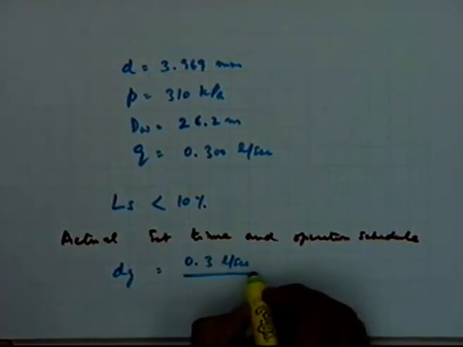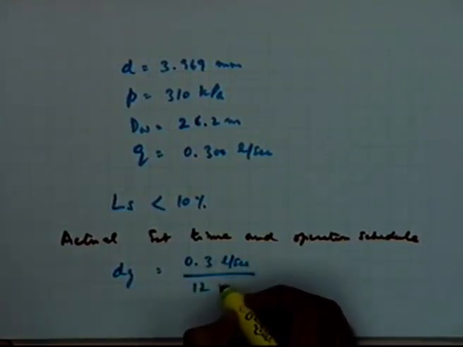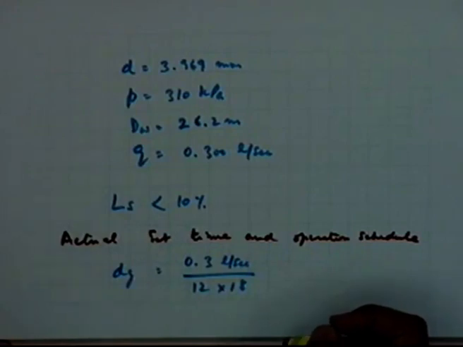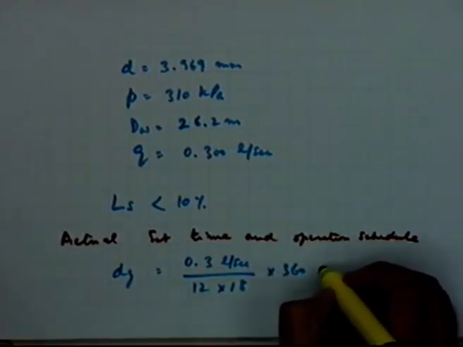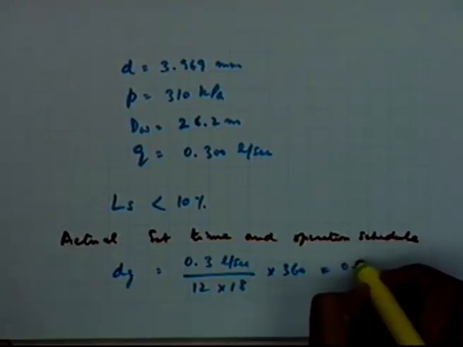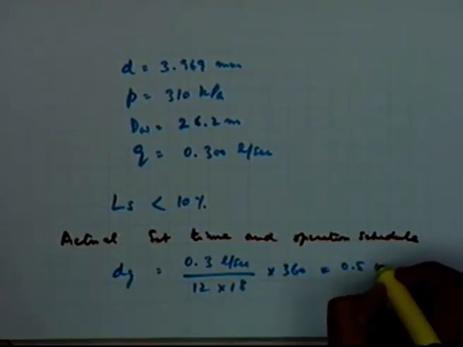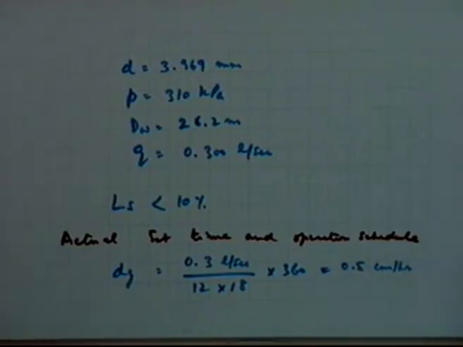Small q is given, the spacing is 12 meters by 18 meters by 360. So you get this as 0.5 centimeters per hour, which is still within the permissible limit.